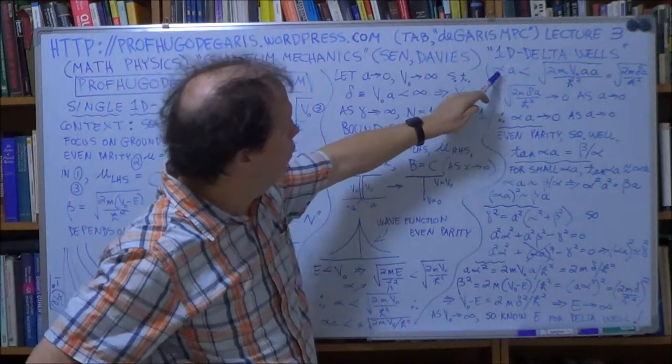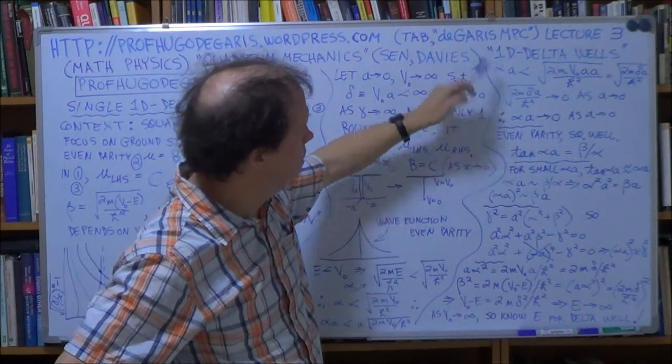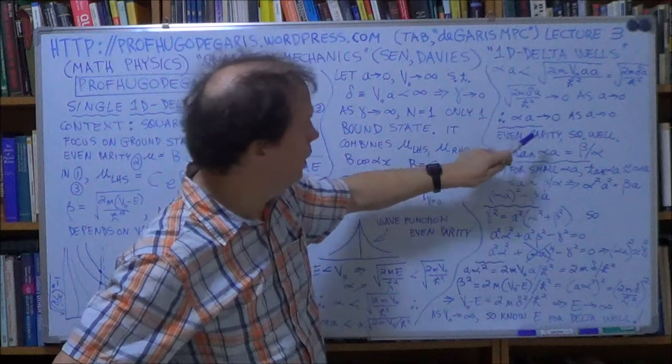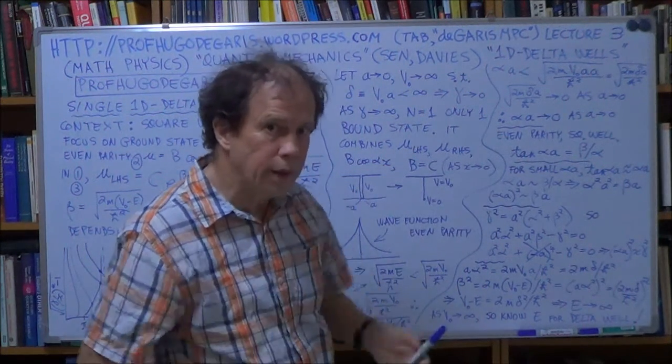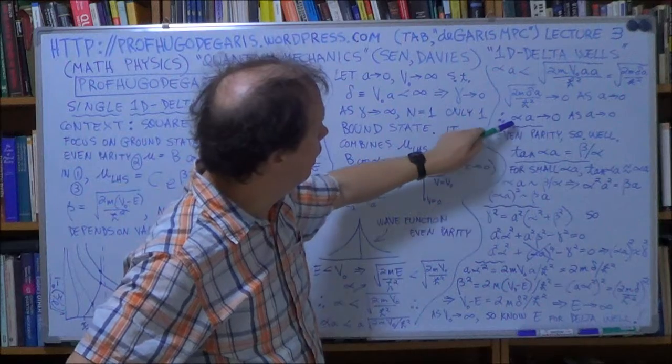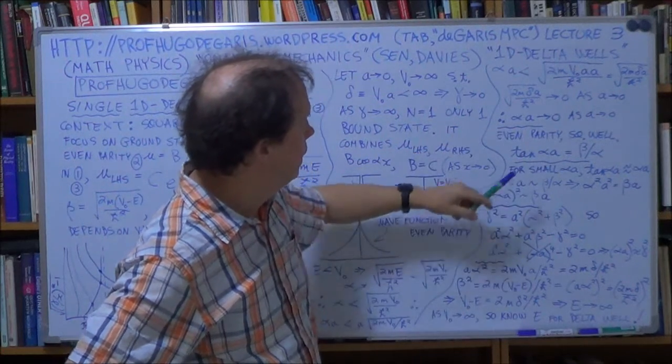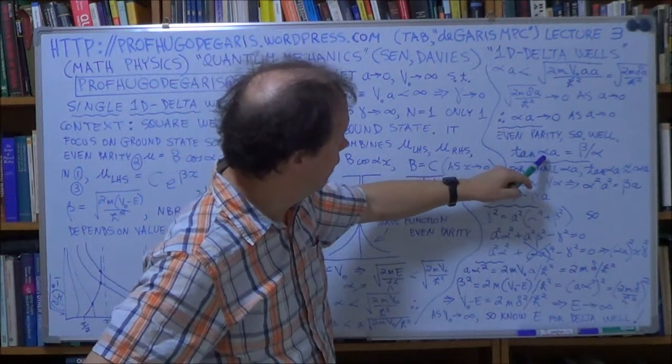Now look, alpha A is going to 0. It's getting really small. As the width of your well, A, gets smaller and smaller, alpha A goes to nothing. Now we've got a tangent of alpha A here.